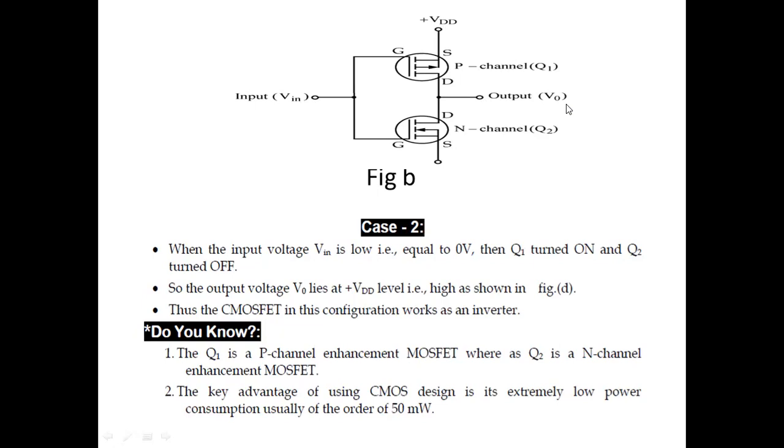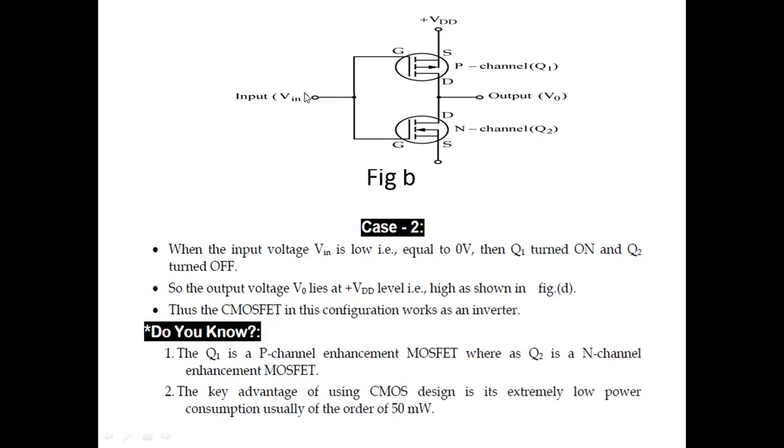Similarly, if the input voltage is low, that means without applying any input, Q1 is on, and you will get a high output, and Q2 will be off, that means the second MOSFET is turned off.